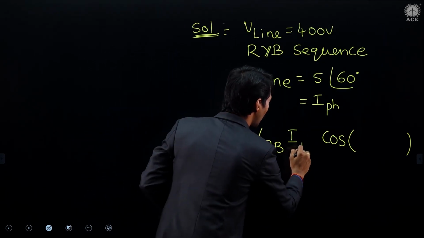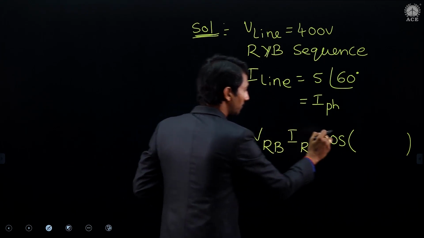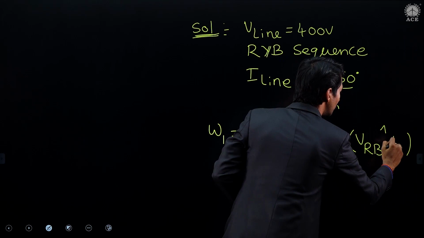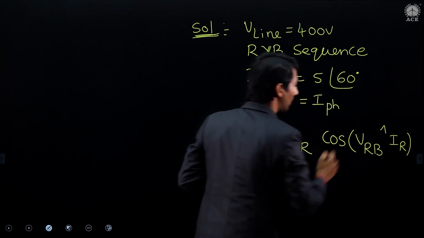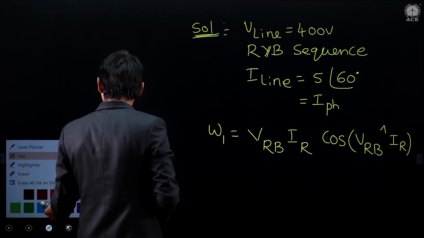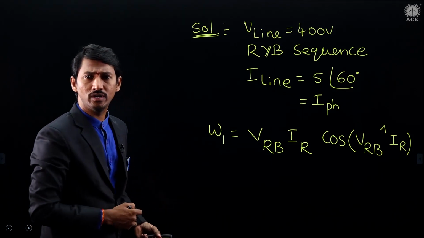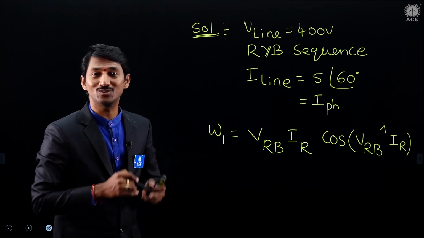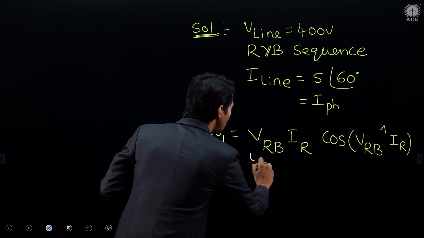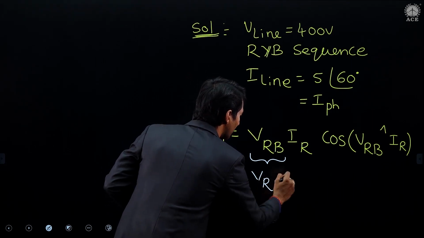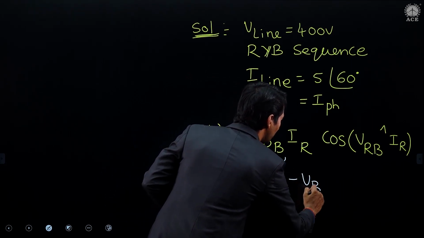So therefore, IR cos of angle between VRB and IR. VRB and IR. Okay. Sir, here VRB is line voltage. Okay. How do we get that line voltage? Means by combining the phase voltages. So therefore, this VRB can be written as VRN minus VBN.